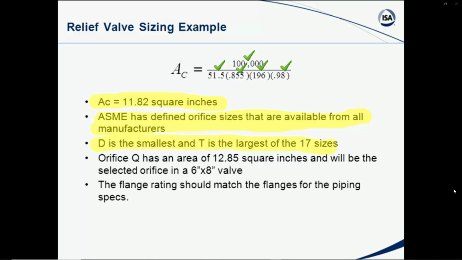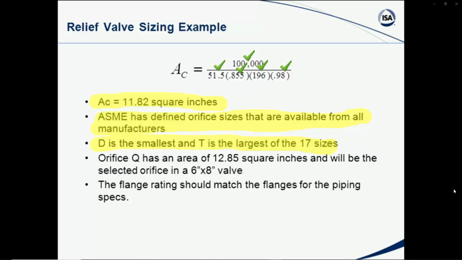I'd like to point out, too, that API also has a defined set of situations that says the orifice sizes that are available in certain sizes of valves. So you have to deal with which standard you are working with, which standard the relief valve manufacturer is dealing with.